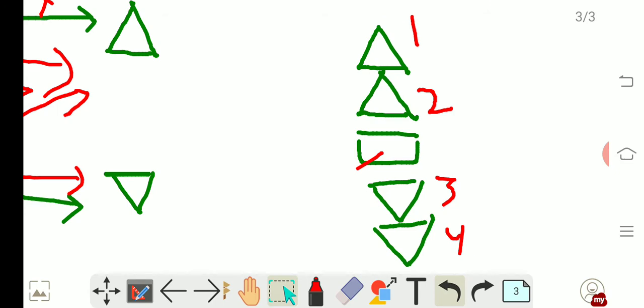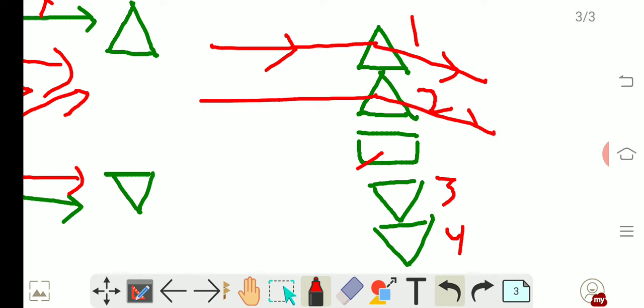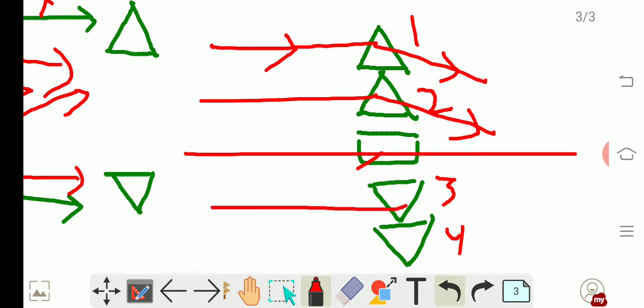Now listen here. When the light falls, the light deviates like this because the light always bends towards the base. The light in the middle passes undeviated. The light deviates towards the base.